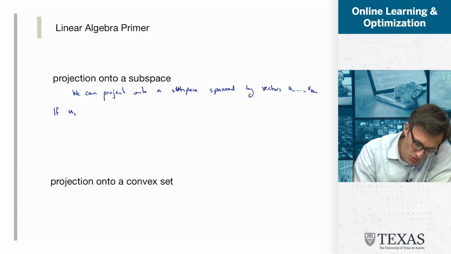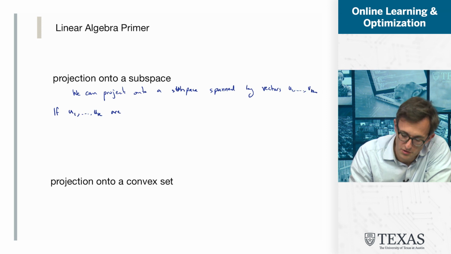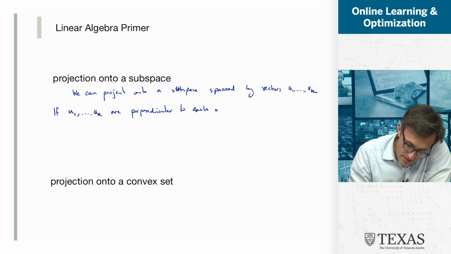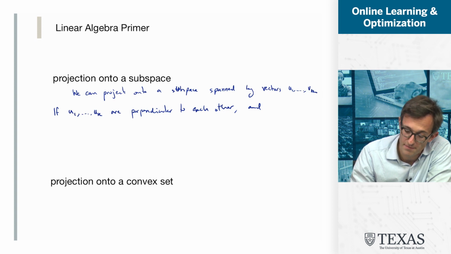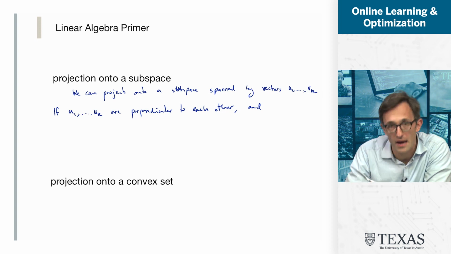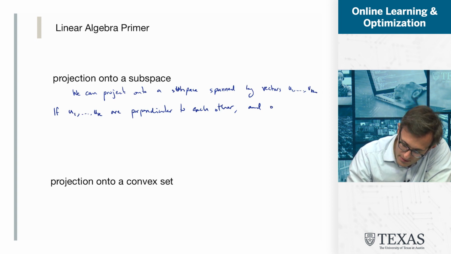If u1 to uk are each perpendicular to each other, and normalized, just to spare the extra notation of having to divide by the length of u as we did on the previous slide. So normalized means of length 1.